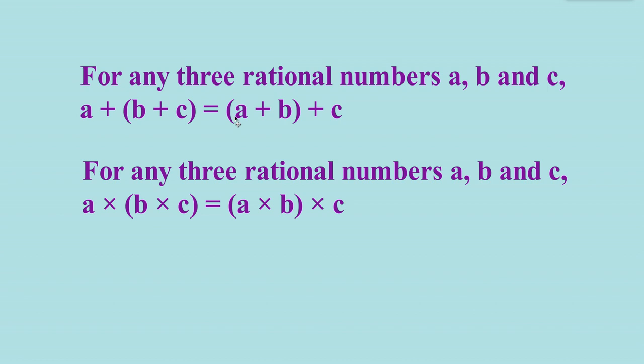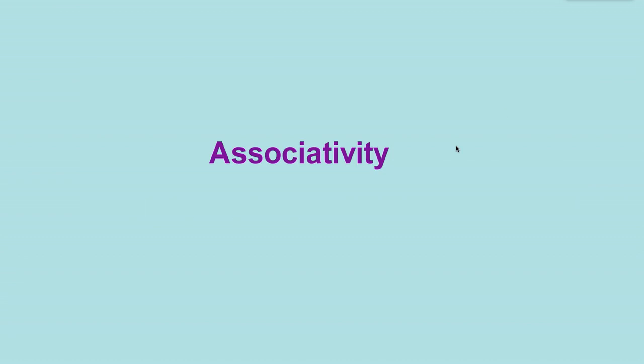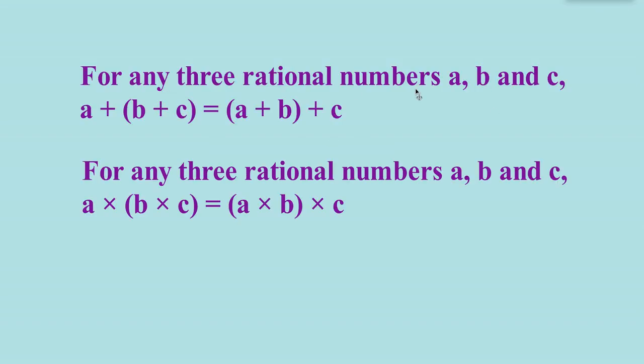That means for addition and multiplication of three rational numbers, you can take any order. What is this property known as? Yes, this property is called associativity. And we can say rational numbers are associative under addition and multiplication.